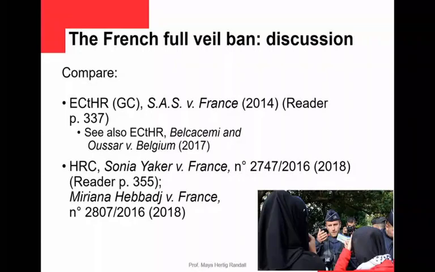A question which also arose in a case like that is sometimes, is it necessary that you have been fined to be able to file an application with the court, or can you act just because of the law as such? The law gets enacted and you say, well, it's obvious sooner or later I will get fined if I go out.